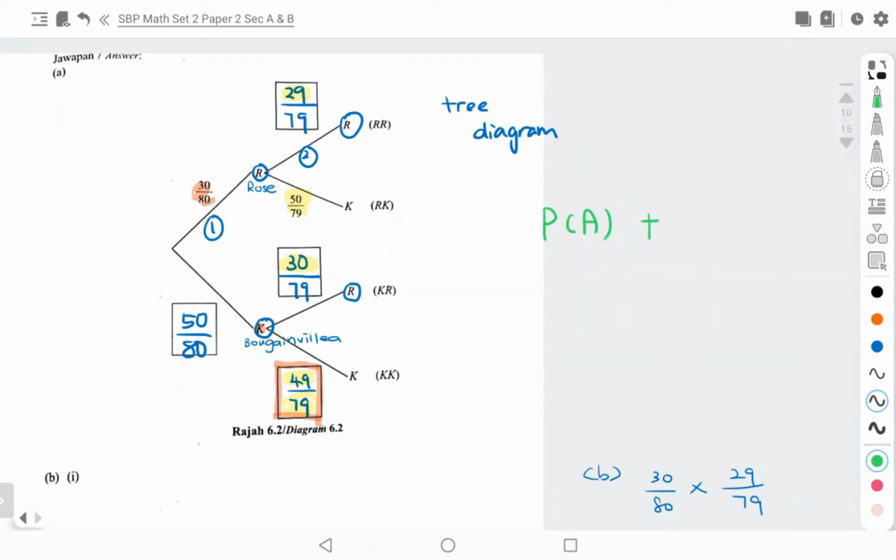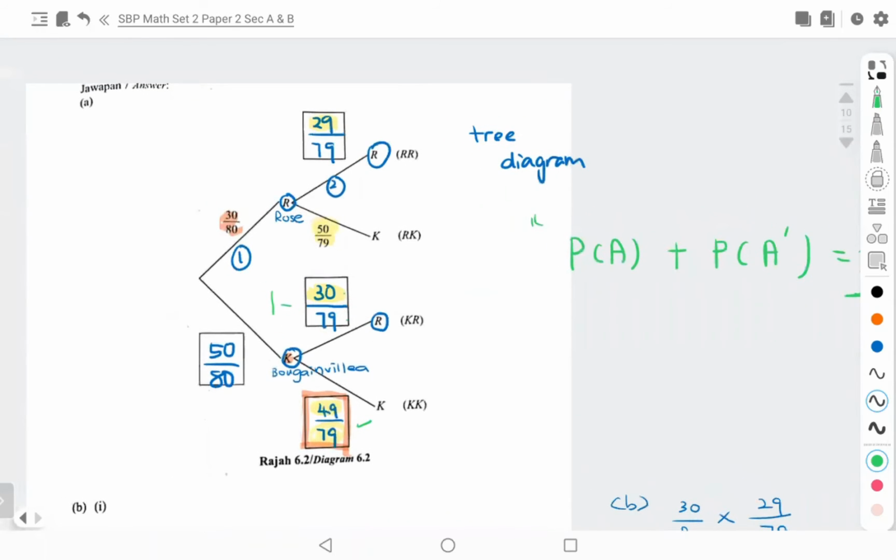Probability of event A plus probability of not A is equal to 1. That's why we can use the total 1 minus 30 over 79, then you get this. The total outcome, or total probability, must be equal to 1.